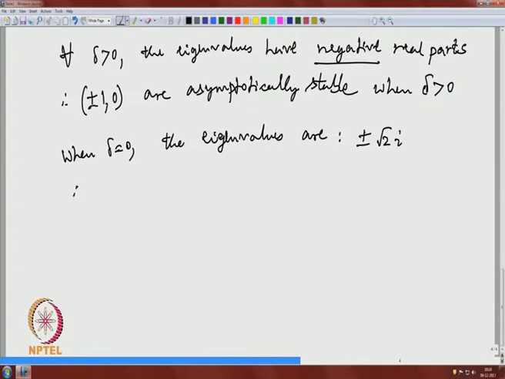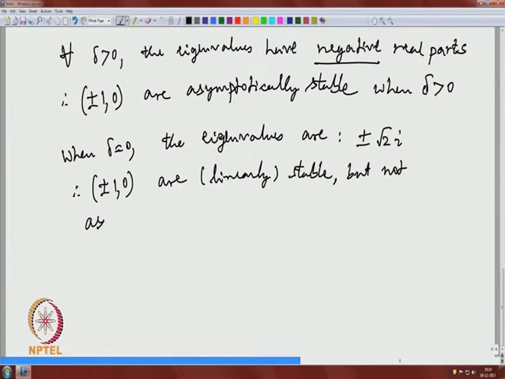So, therefore, plus or minus 1 0 in that case, both are the same, are linearly stable, but not asymptotically stable, because here the real parts are 0, they are purely imaginary.